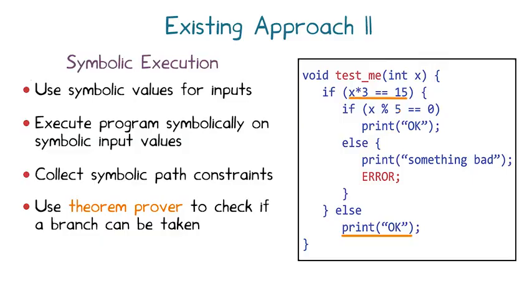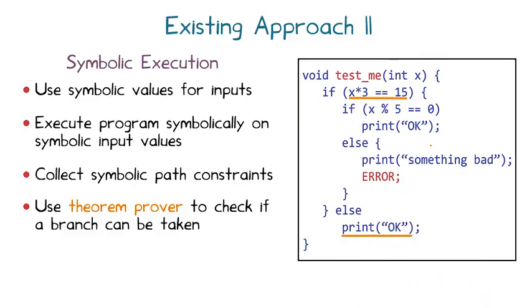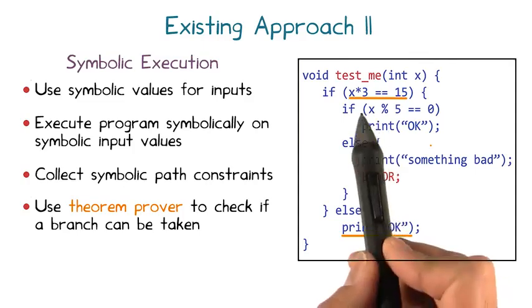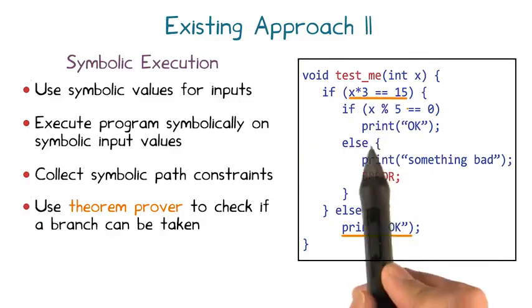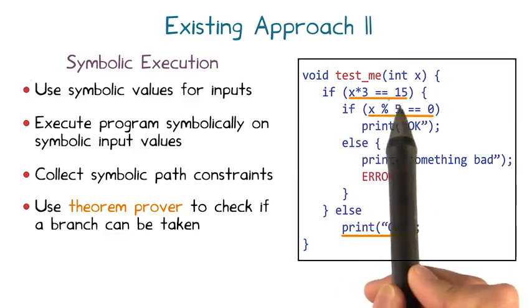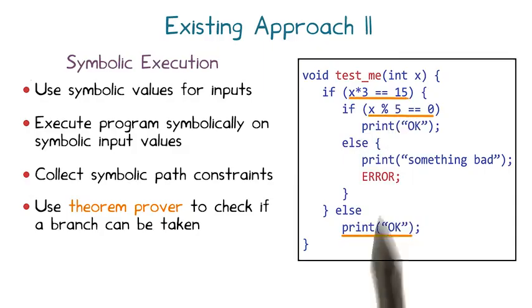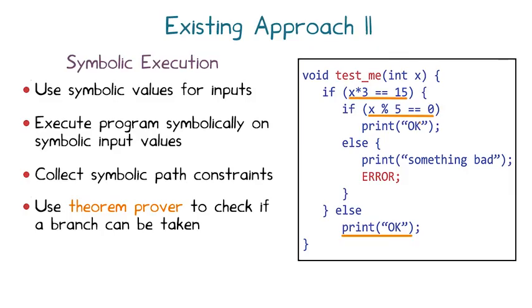So we'd explore the true branch of the first condition while collecting the symbolic constraint that x times 3 equals 15. Next, we reach the second condition, x modulo 5 equals 0. We now ask the theorem prover if the expression x times 3 equals 15 and x modulo 5 equals 0 has a satisfying assignment.